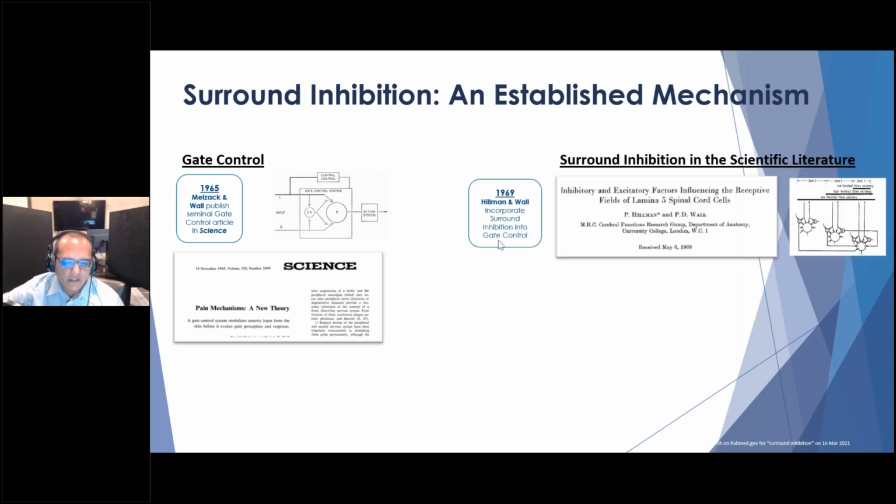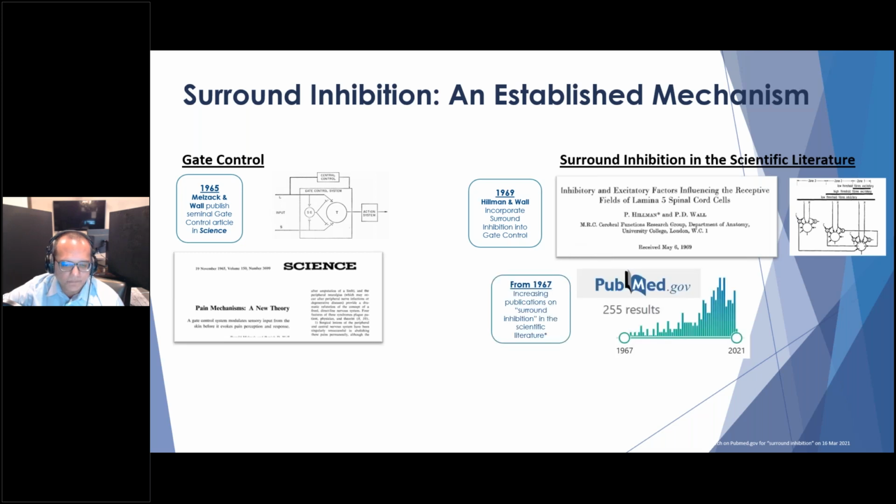Then in 1969, there was Hillman and Wall, which incorporated surround inhibition into the gate control theory. So surround inhibition is the next iteration of gate control theory. And at least with the pain textbooks I've read, it usually is not mentioned, but it really has been around for a very long time.